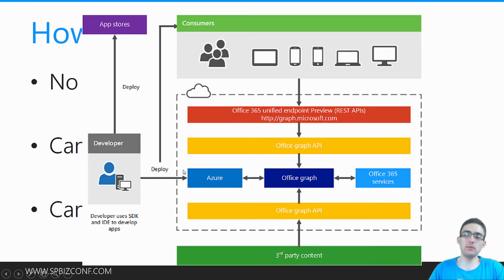So if we have a look at the APIs, right now what we have is the graph.microsoft.com endpoint, which relies on Azure AD, the Office Graph, the unified APIs from Office 365, also the search engine from SharePoint.